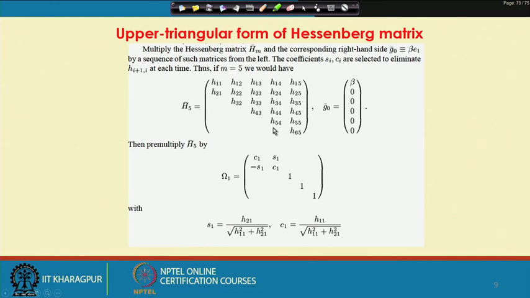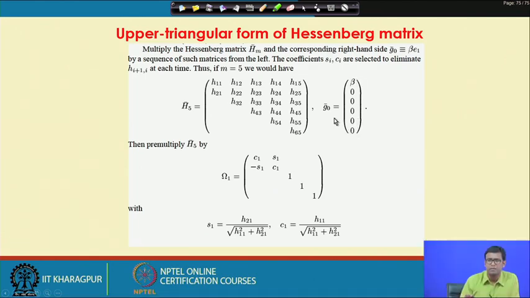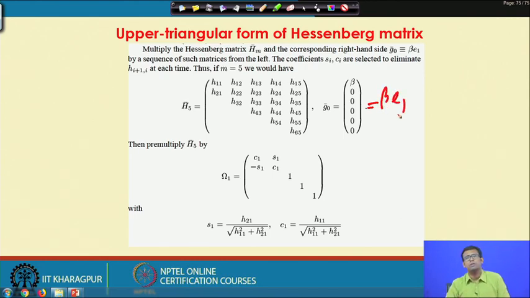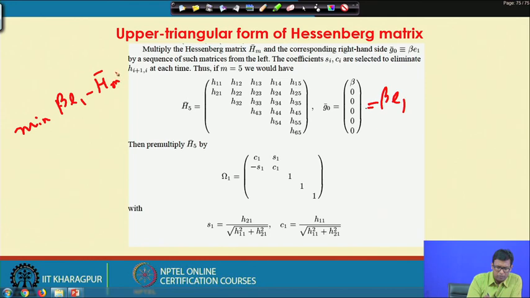We take this Heisenberg matrix for m is equal to 5, and the corresponding beta g matrix, which has beta as the first component and the remaining entries 0. So, we are trying to find the minimum of beta e1 minus H bar m y.